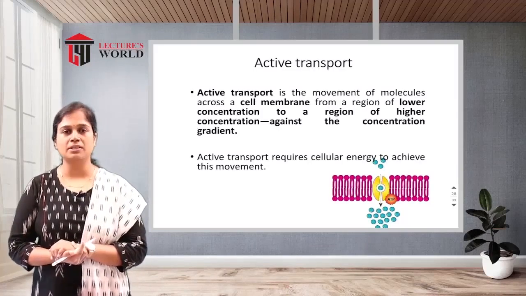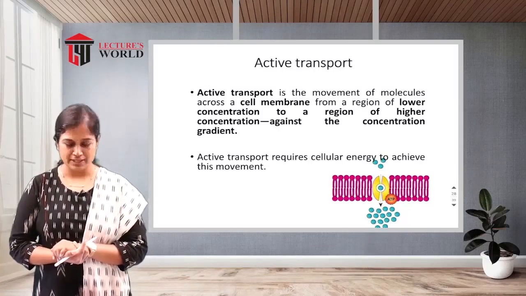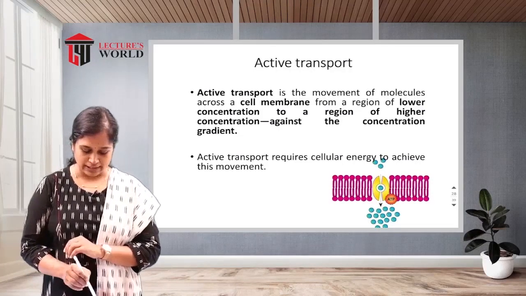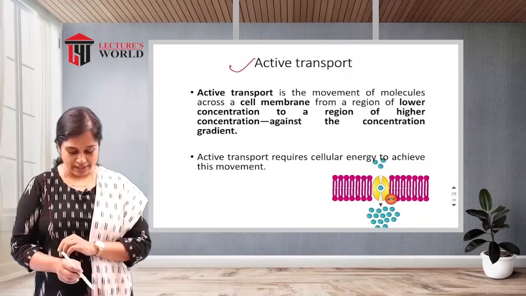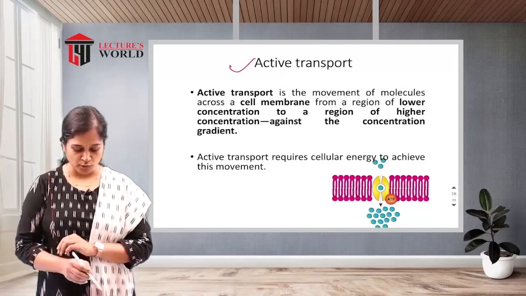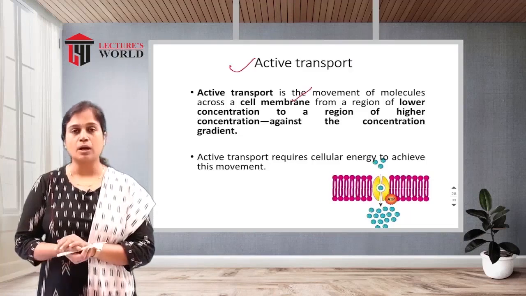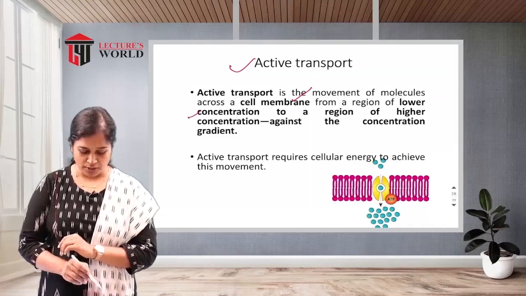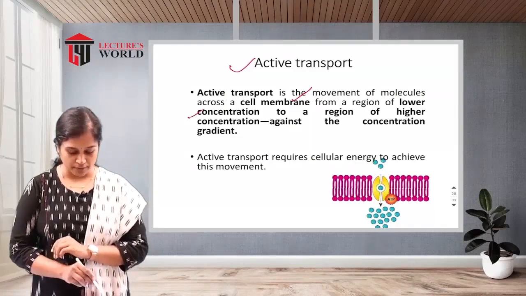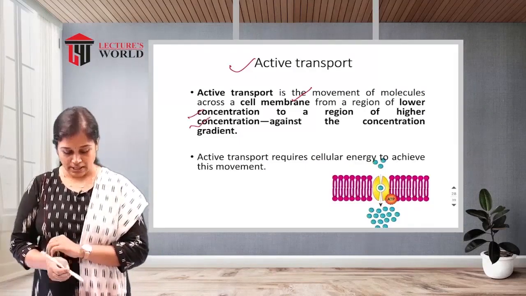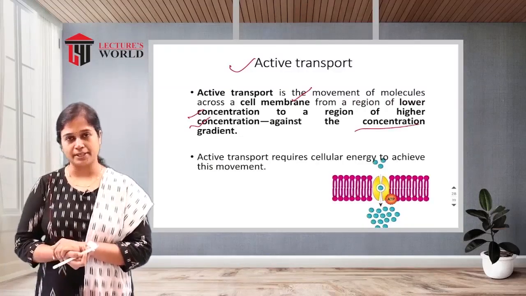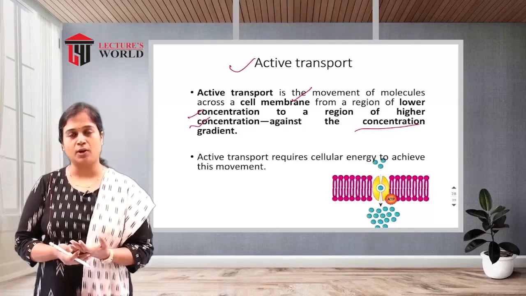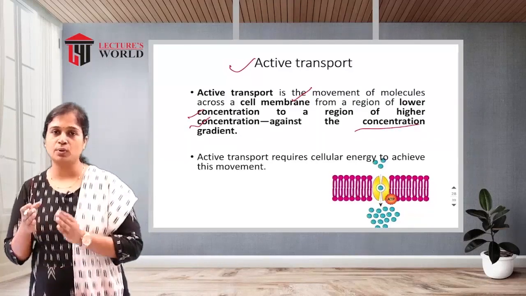Now moving on to the second type of transport which takes place through the plasma membrane. That is active transport. Active transport is the movement of molecules across the cell membrane from a region of lower concentration to a region of higher concentration, against the concentration gradient. In diffusion, transport occurs from higher concentration to lower concentration.